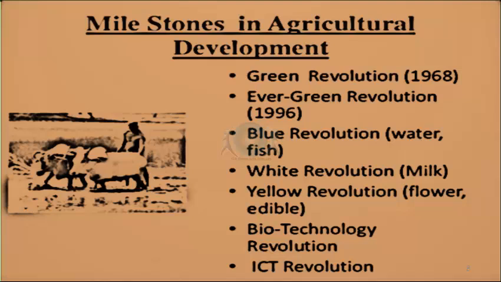And then there was a White Revolution, which is Operation Flood. Then the Yellow Revolution, that is flowers and edible oils. The Biotechnology Revolution that is taking place. And then the ICT Revolution, that is Information and Communication Technology, which is penetrating our Indian agriculture sector.